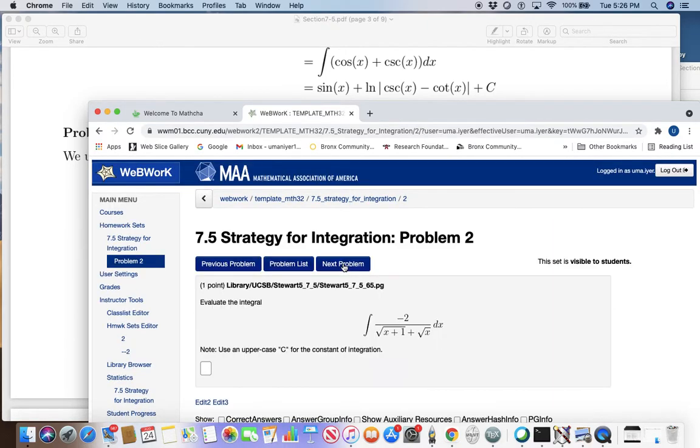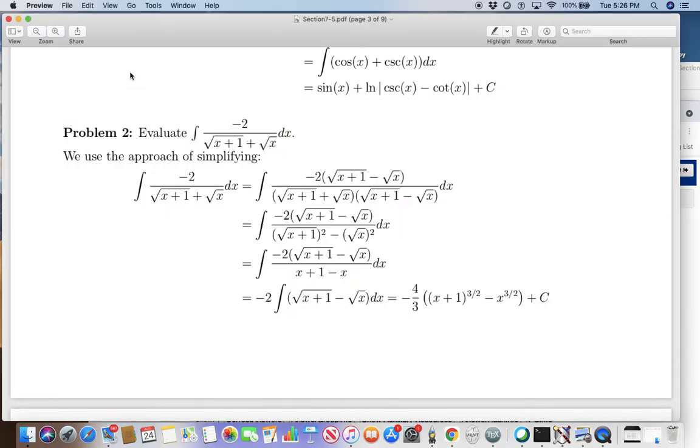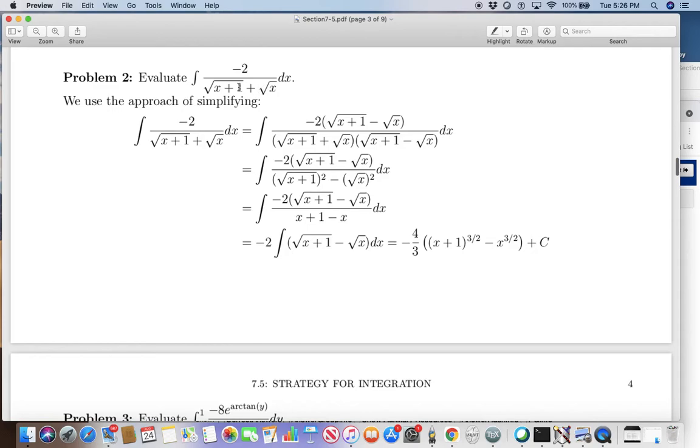Good. Next problem. Integral of negative 2 over square root of (x plus 1) plus square root of x dx. Whenever you have a radical expression of this kind with a sum, it helps to rationalize the denominator.